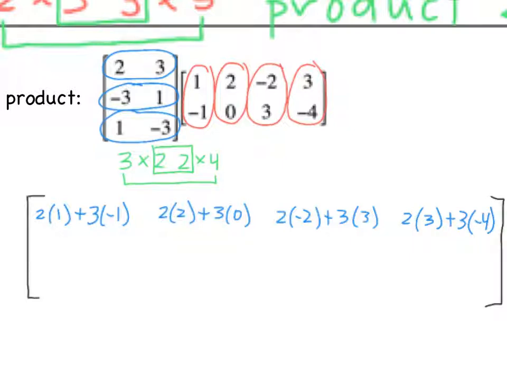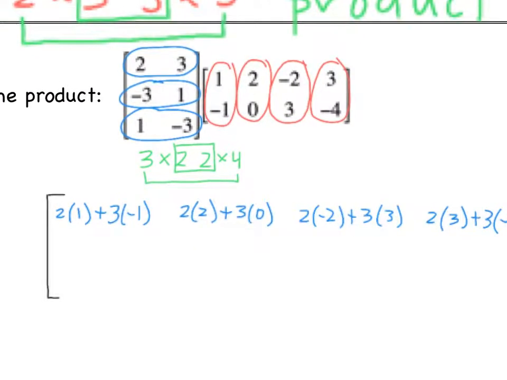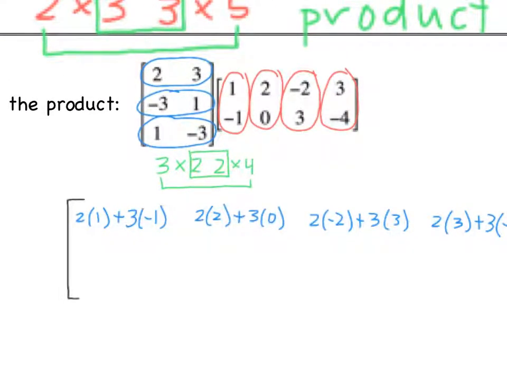Now we need to go through this for row 2 and row 3. Row 2 times column 1 is going to be negative 3 times 1 plus 1 times negative 1. First element times first element, second element times second element. Now row 2 times column 2: negative 3 times 2 plus 1 times 0.